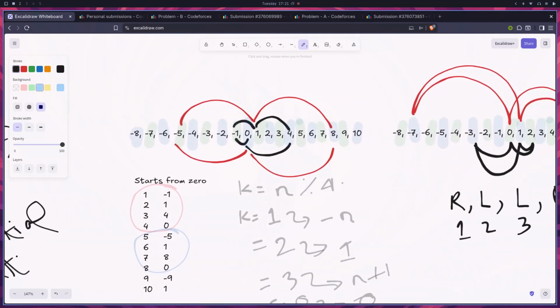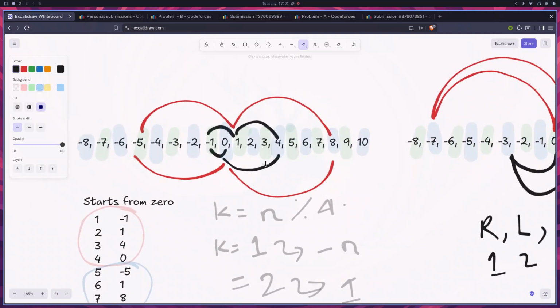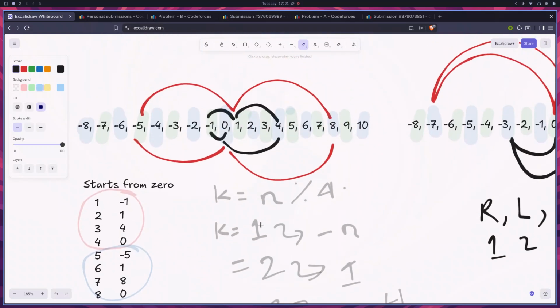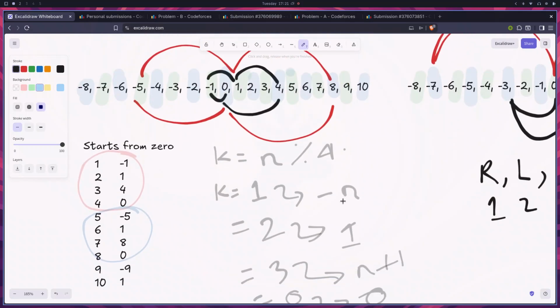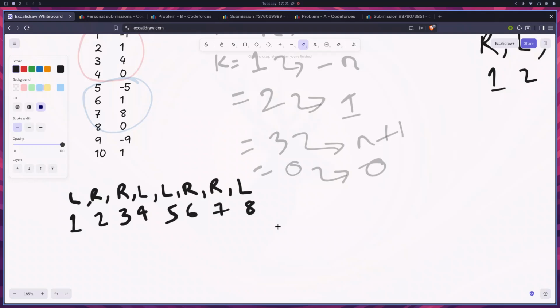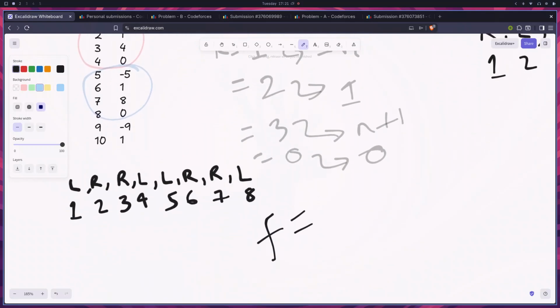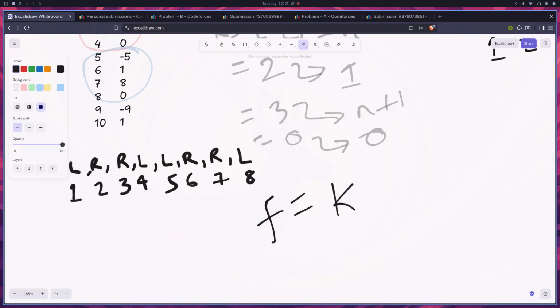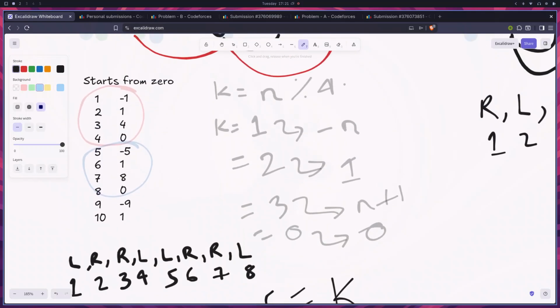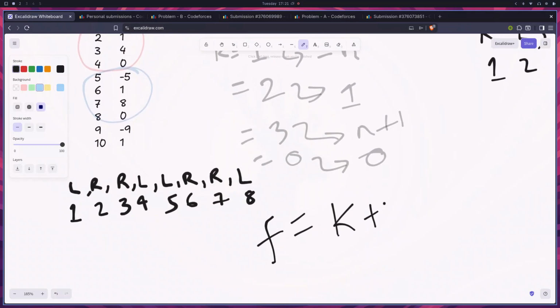So if the initial position was even, then these are the final answers, and we'll just add. The final answer will be just this k, which is the absolute distance, plus x naught, the initial position from 0.